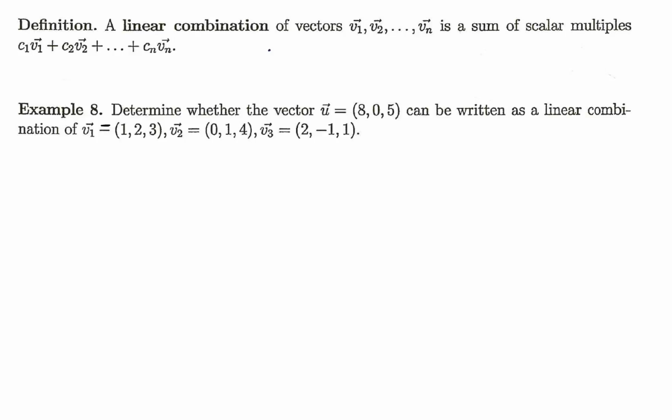We want to know, can the vector u be written as a linear combination of vectors v1, v2, and v3?